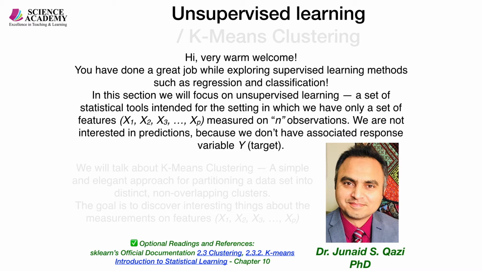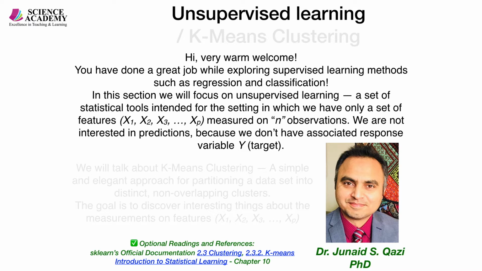You have done a great job while exploring supervised learning methods such as regression and classification in the previous sections. That was great. Now in this section, we will focus on unsupervised learning, which is a set of statistical tools intended for the setting in which we have only a set of features.